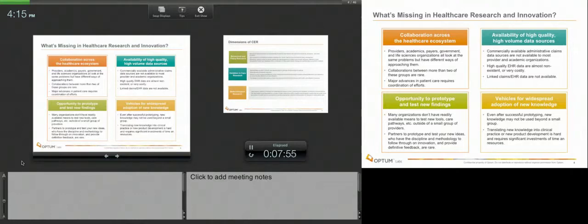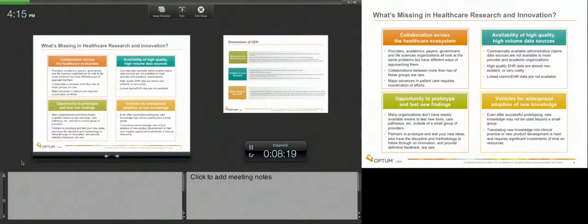So creating data sets where you've got large volumes of high-quality electronic health record data that's research-ready, and then particularly if you can link that data to claims data, so you get the best of both worlds, that's a big goal of ours.